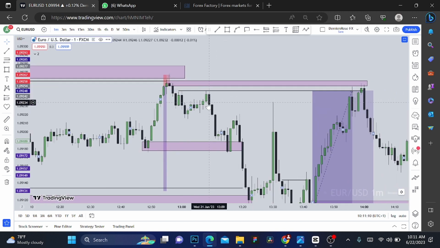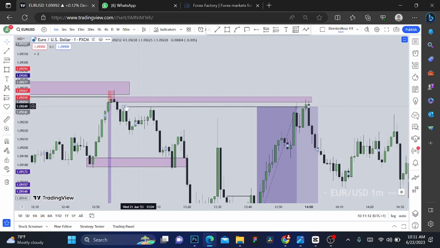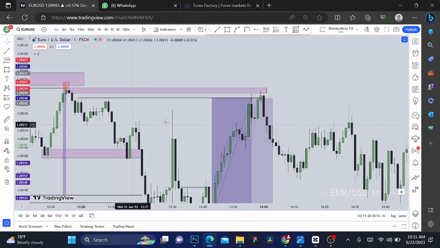And that's what happened. If you look at this closely, the market went up, didn't mitigate this imbalance, but just went up, smoking down. And finally, the market came back there to mitigate this. So definitely, a reaction should be there. All these are inducement highs, right? These are equal highs right here. This is also another high right here.